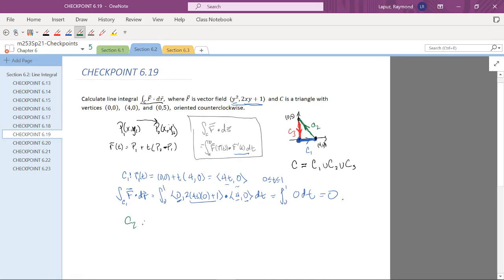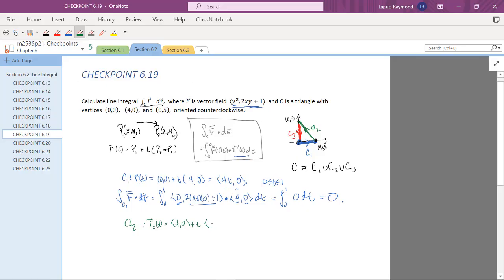And C2 will be parameterized with R2 of t, and the starting point will be at (4, 0) plus t times the difference. The x component will be 0 minus 4, and then 5 minus 0.